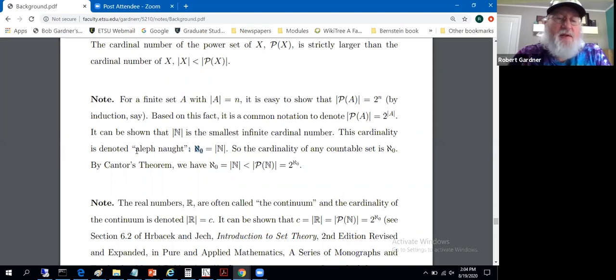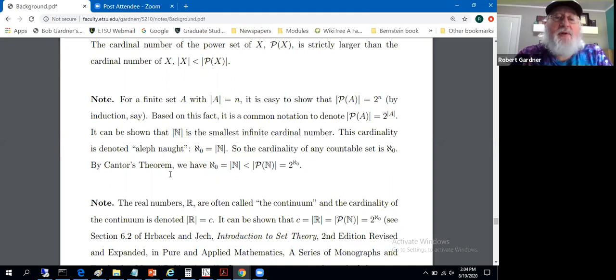So here comes the aleph. Aleph naught, with subscript 0, is the cardinality of the natural numbers, because it's the smallest infinite cardinal number. So the cardinality of any countable set, countable meaning cardinality is the same as the natural numbers, is this aleph naught.